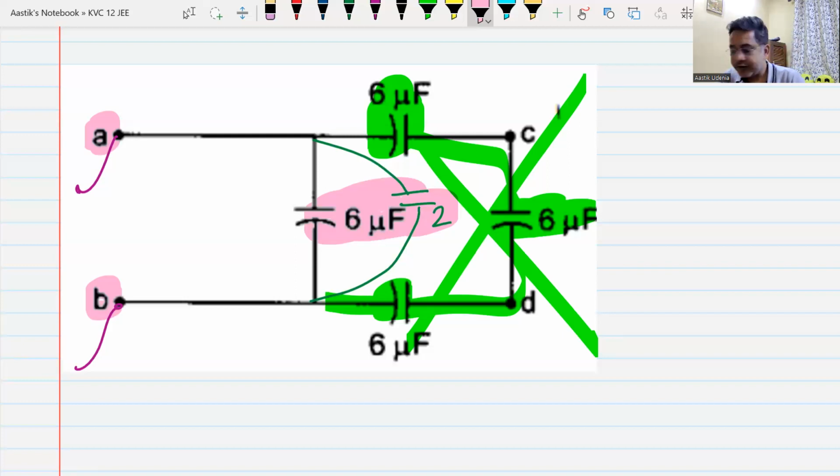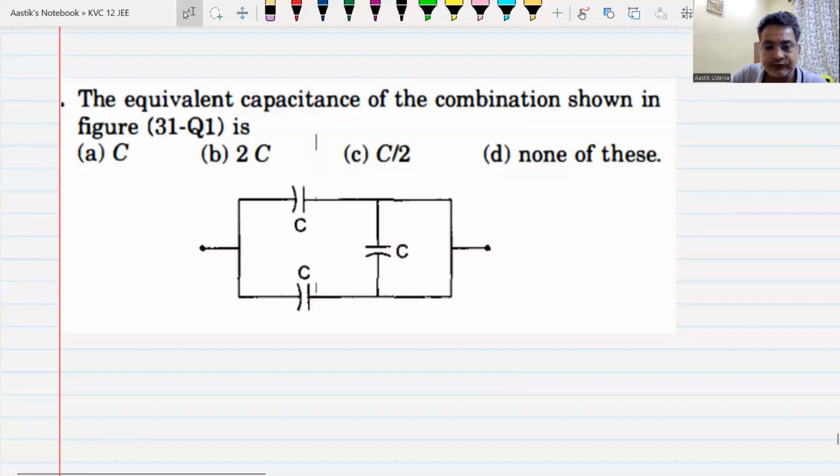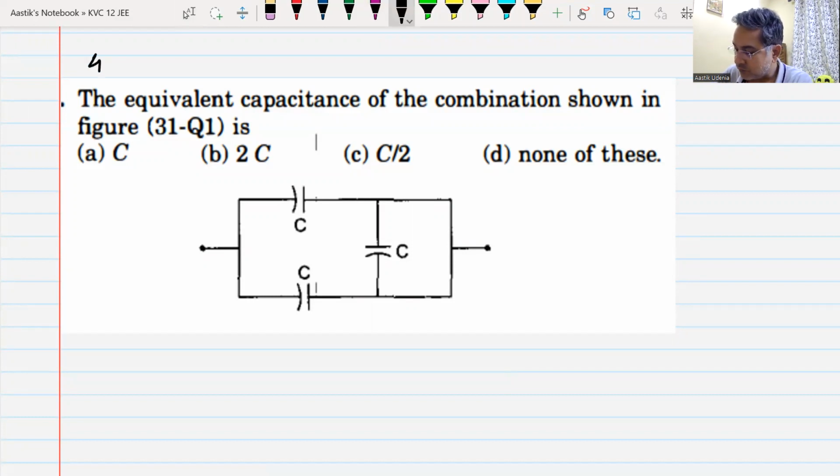Understood, sir. Okay. This is page number 164, question number 4. This is the point A, this is the point B. You have to find out the equivalent capacitance.